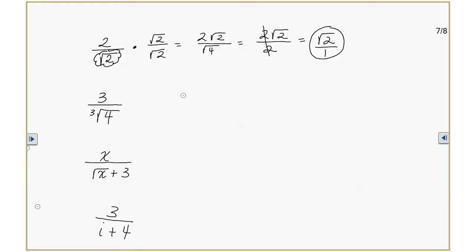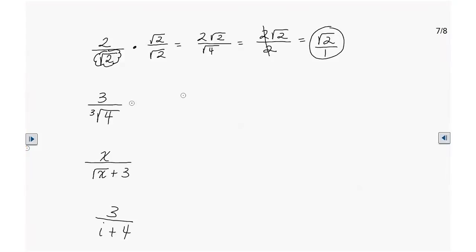What's your first cube root pertaining to 4? Cube root of 1. Okay. Cube root of 8 is what? 2. So I'm going to multiply the bottom by the cube root of 2, the top by the cube root of 2.